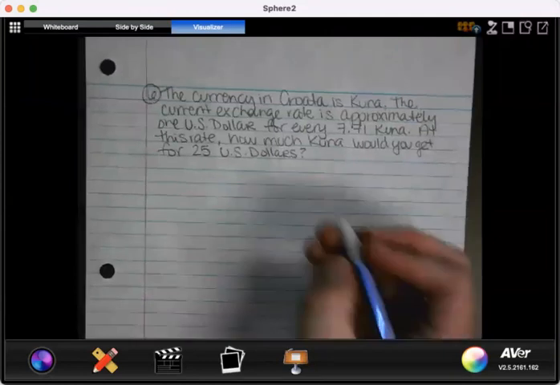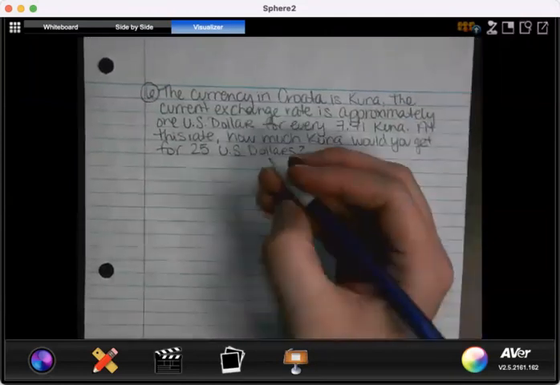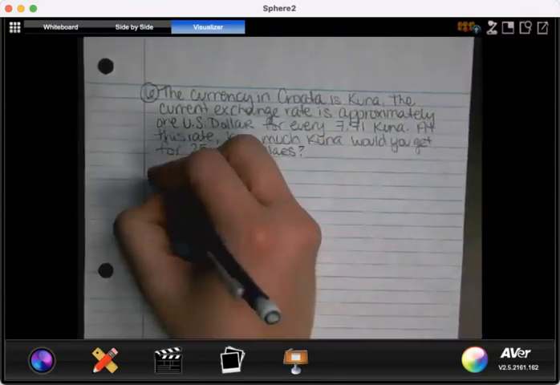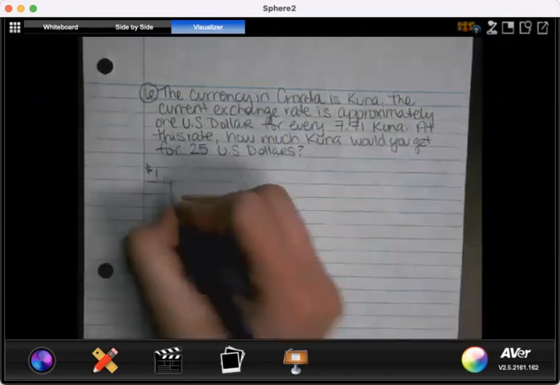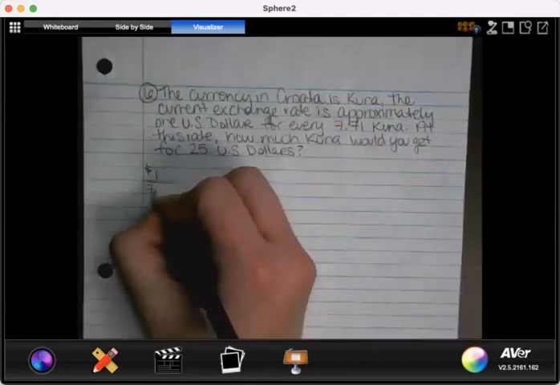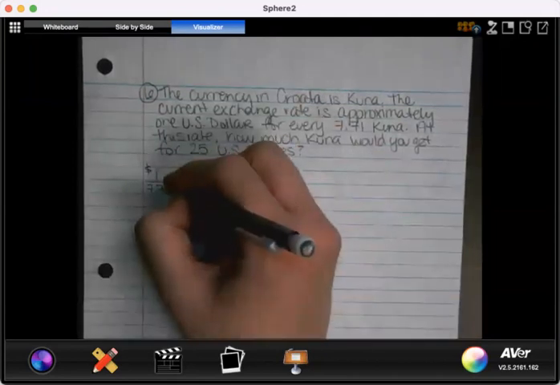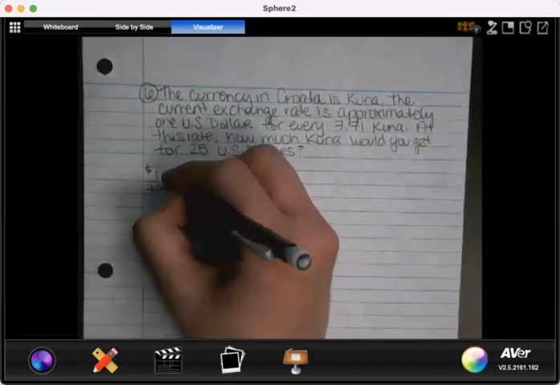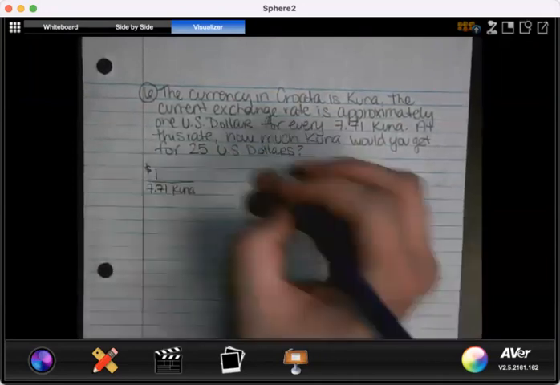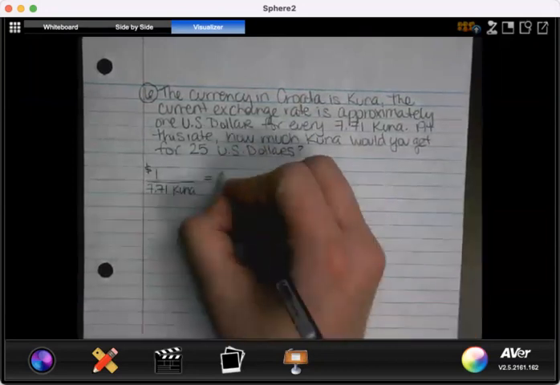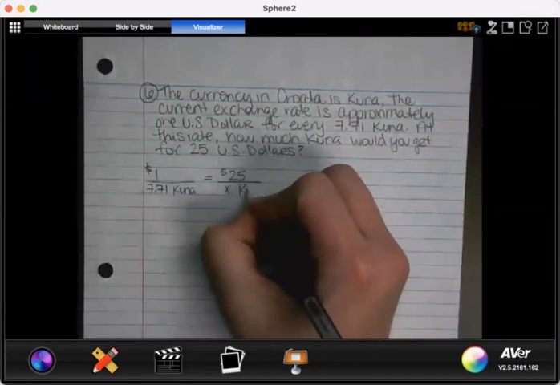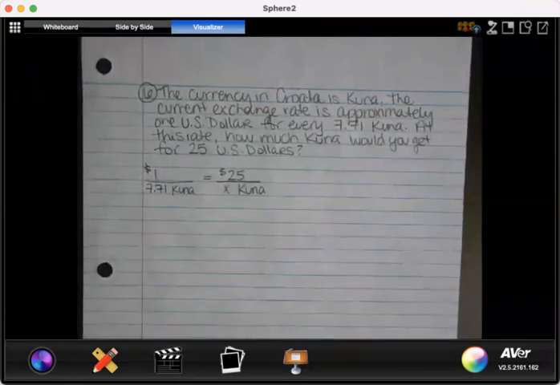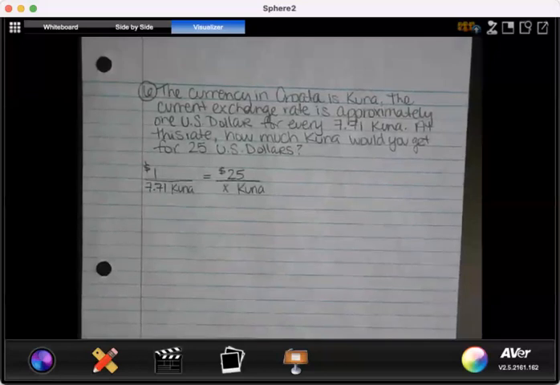Let's see how you did. So first we know we have $1 US and the exchange rate is 7.71. And we're just going to put kuna on bottom. And we know that we have 25 US dollars, but we have an unknown amount of kuna. So we're going to do our exchange rate by using the proportion of just the numbers.